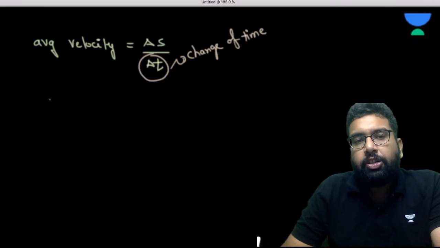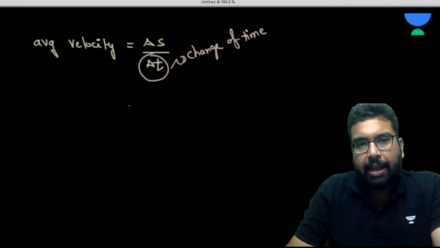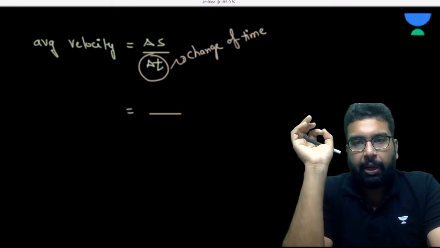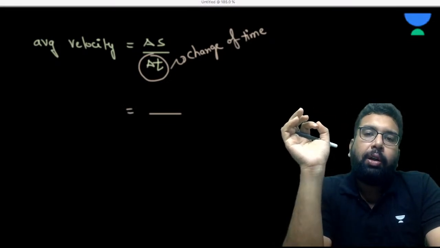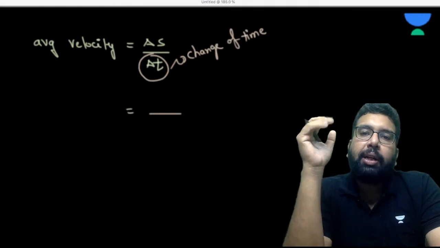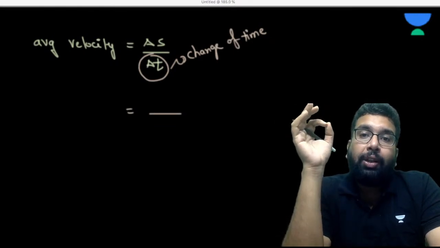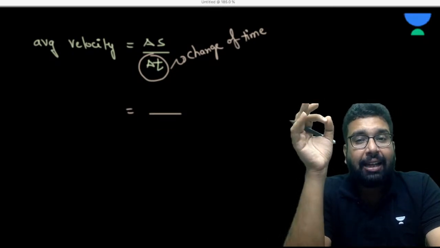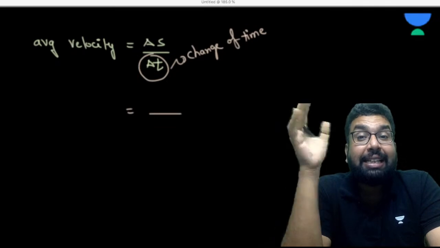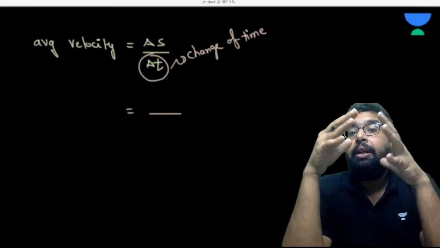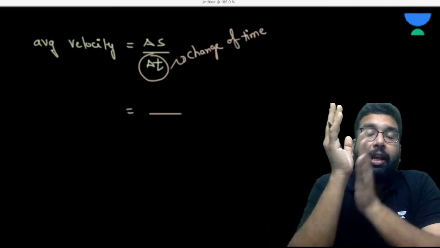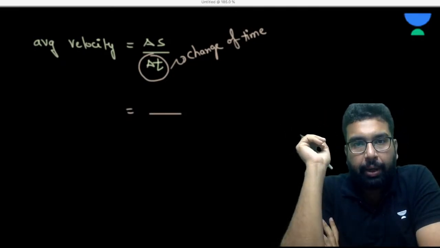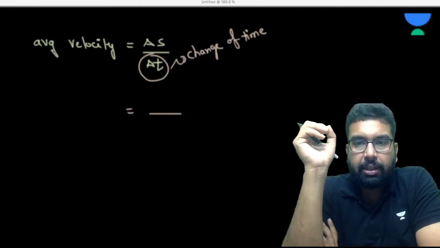Now, if I am somewhat stopping the time, I do not want the velocity over some change in time, but I want the velocity at some point of time. Like, what is the velocity exactly at 2 seconds? What is the velocity exactly at 3 seconds? So you see, there is no change in time, but we are practically seeing it at some point of time.